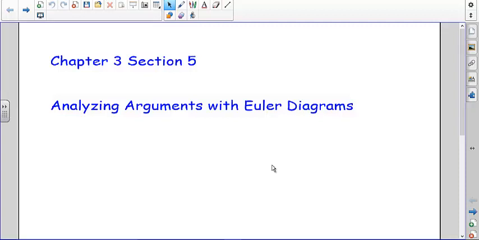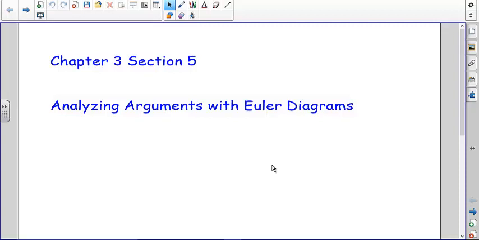We're analyzing arguments, and we want to determine whether an argument is valid or invalid. Again, this is something you supposedly covered in geometry, because I looked at the SOLs again. But it's one of the first things you talk about in geometry, so you've probably forgotten it already.